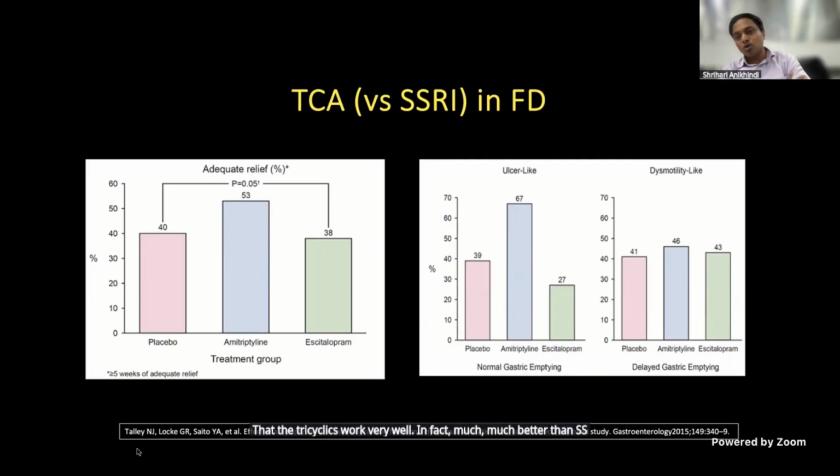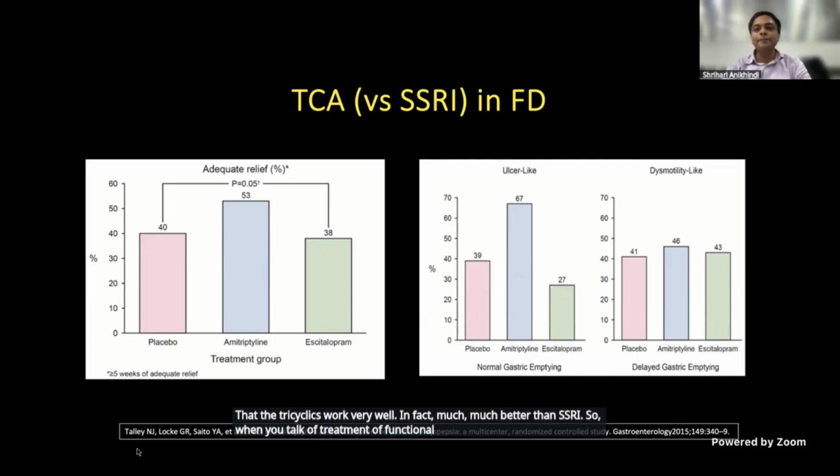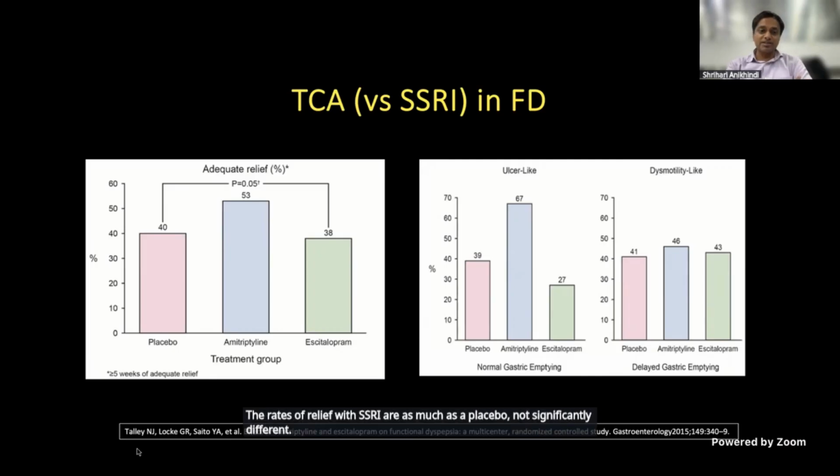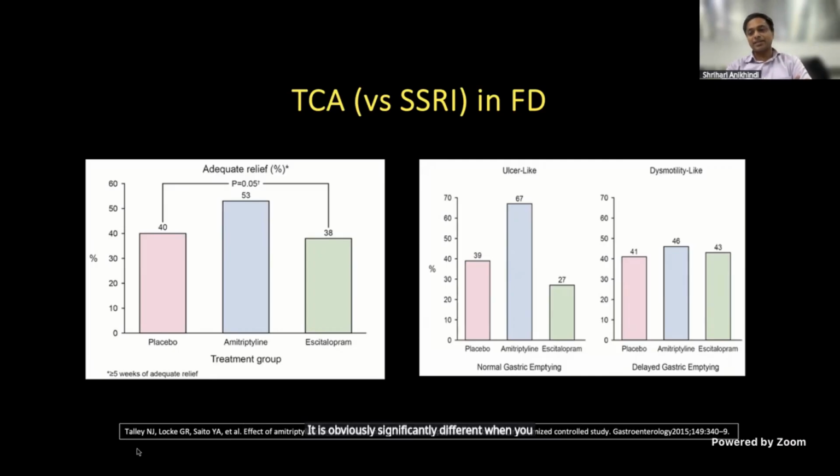So when you talk of treatment of functional dyspepsia, it is always preferable to use a tricyclic antidepressant rather than an SSRI, because the rates of relief with SSRI are as much as a placebo, not significantly different. It is obviously significantly different when you use a tricyclic.